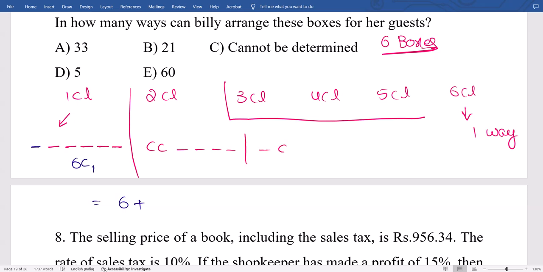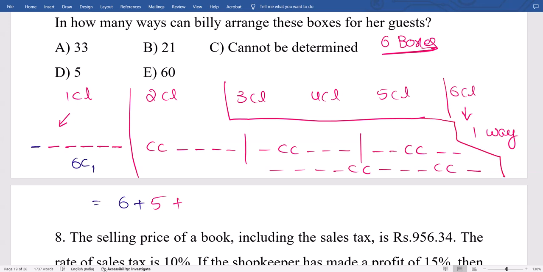Or it can be blank, CC, blank, blank, blank, and so on, or CC at the end. So I have 1, 2, 3, 4, 5 chances. The 2 candles must be consecutive.